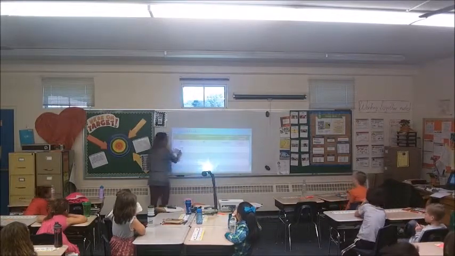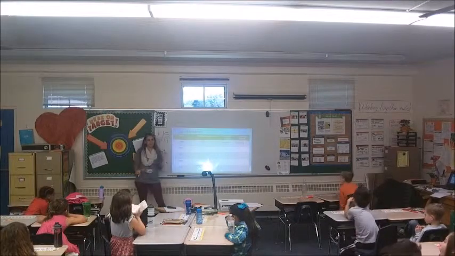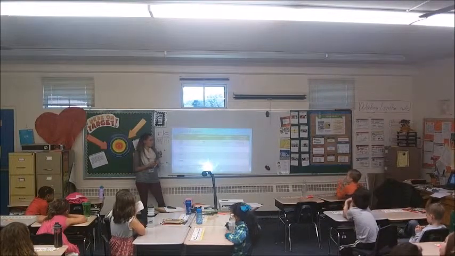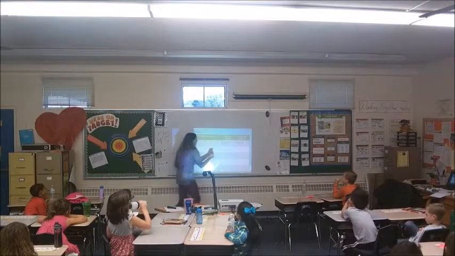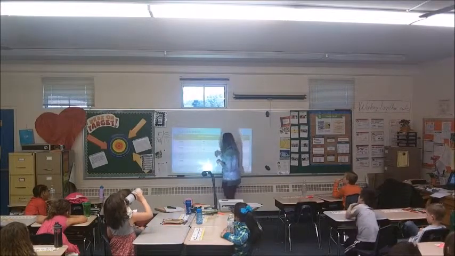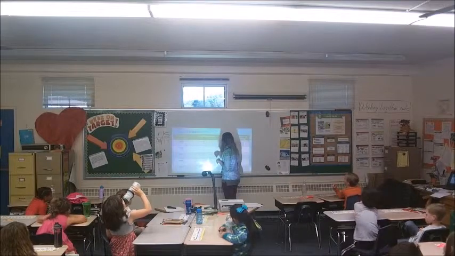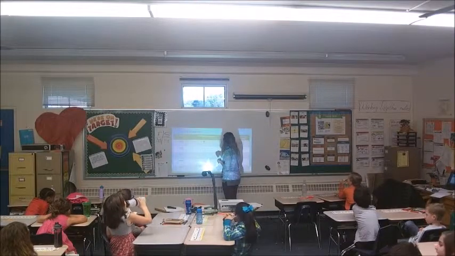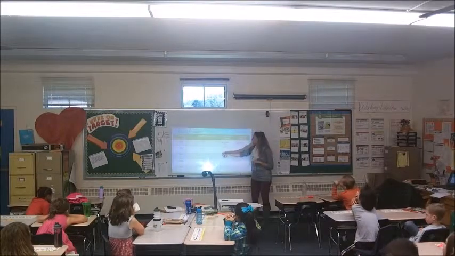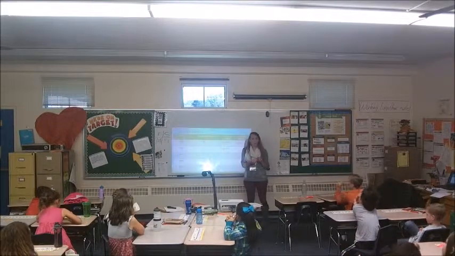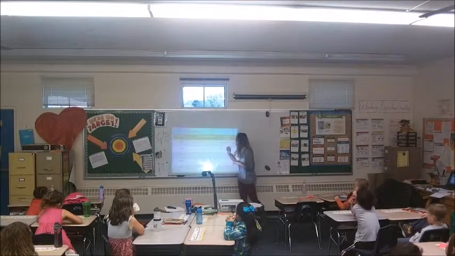Okay, what about this one? What word is this? And what consonant do I double? P. Okay, so my word would be hopped. So how would I spell that? Okay, what if I didn't double my consonant? What word would I have? Hope. Exactly.